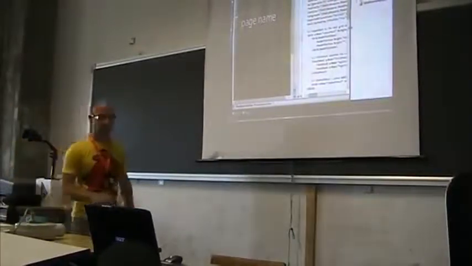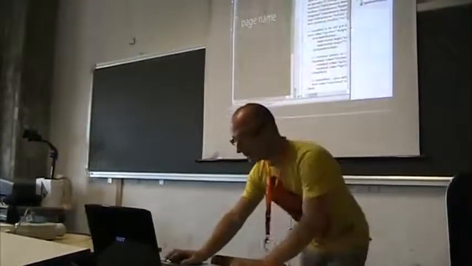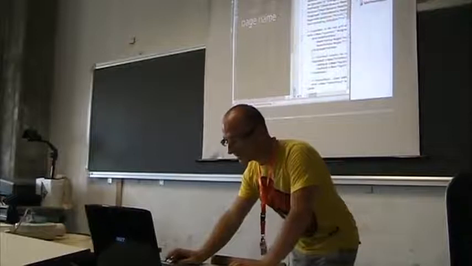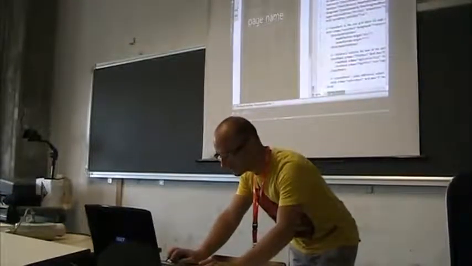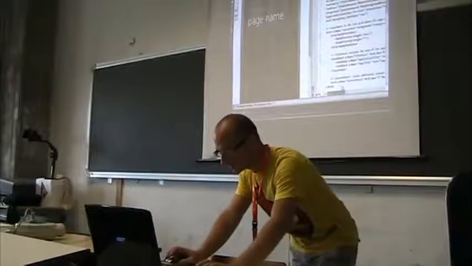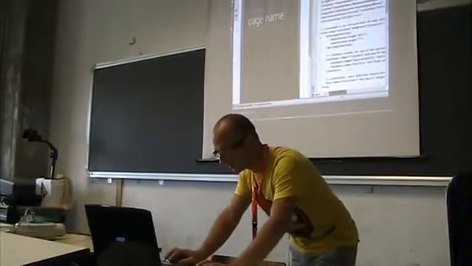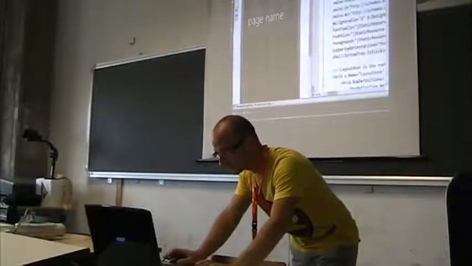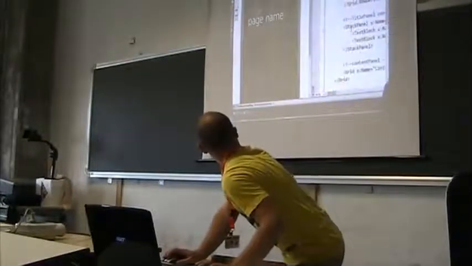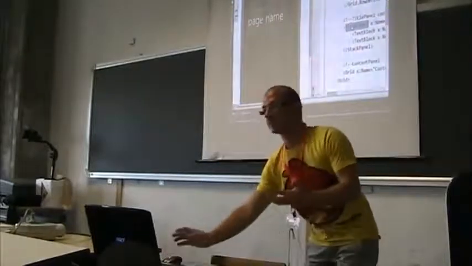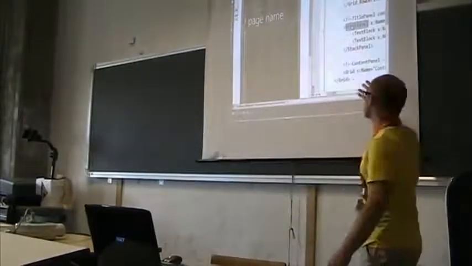For example, we are going to add a new button. Let me hide this one. Can you guys read it here? Yep. Okay, this is XML, or XAML in this case.